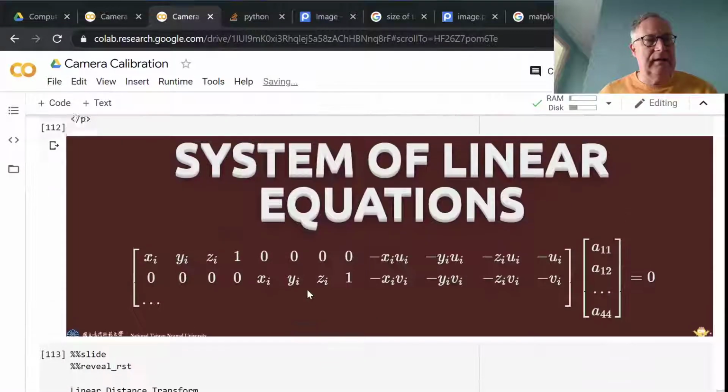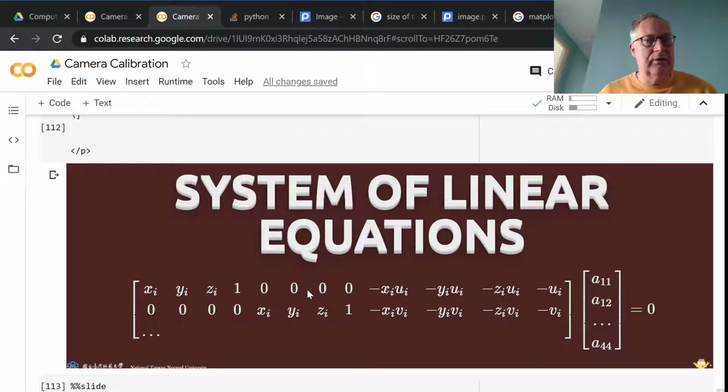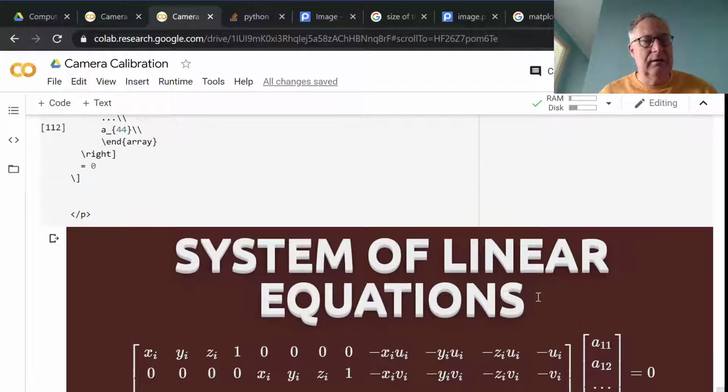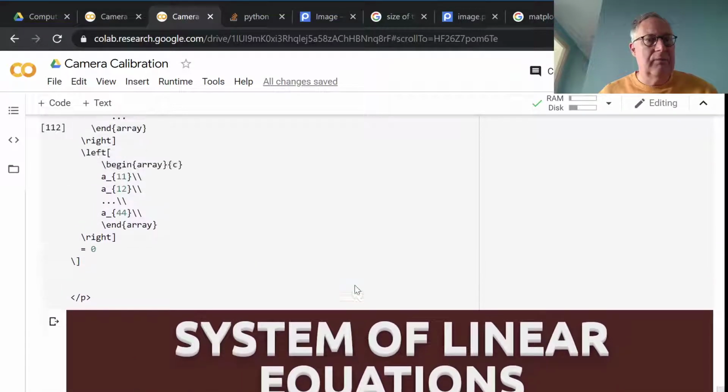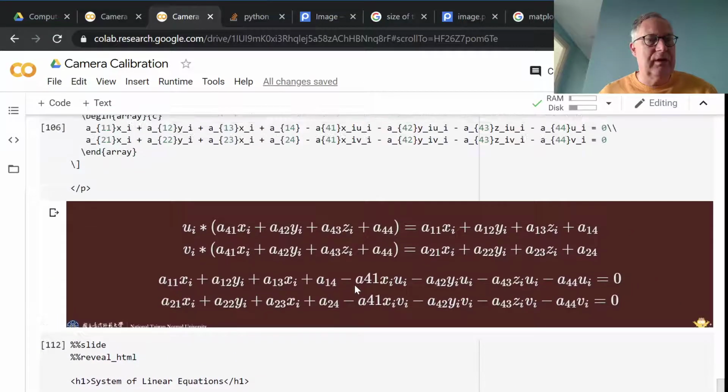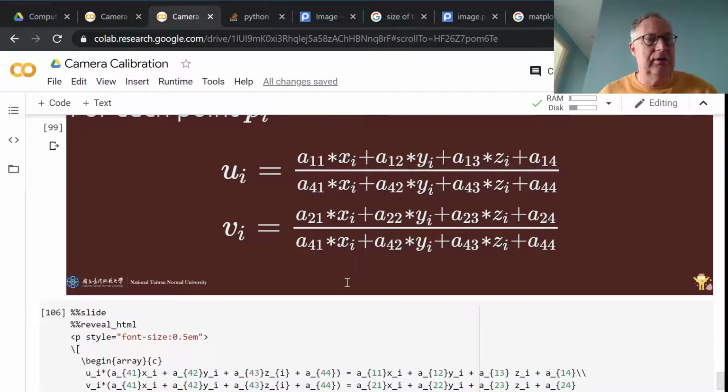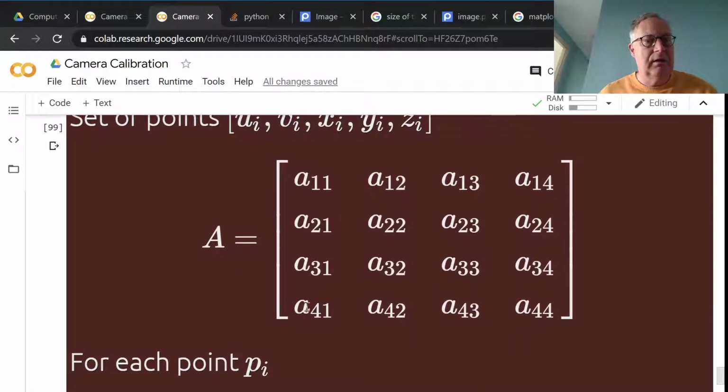Now if we go back here to the system of linear equations that we have, then we have 16 unknowns. Each point gives us 2 equations, but 2 of the elements, strictly speaking, I actually know what they should be, right? A41 and A42. Those 2 elements here should be 0, 0.